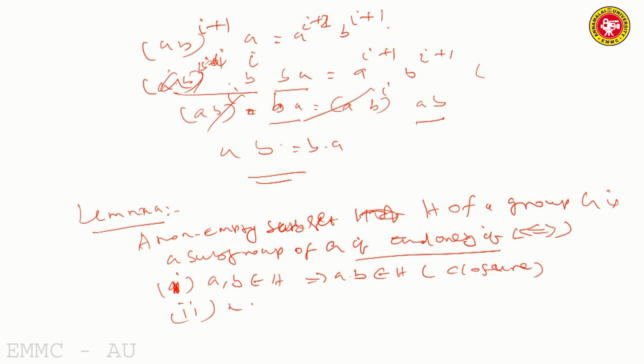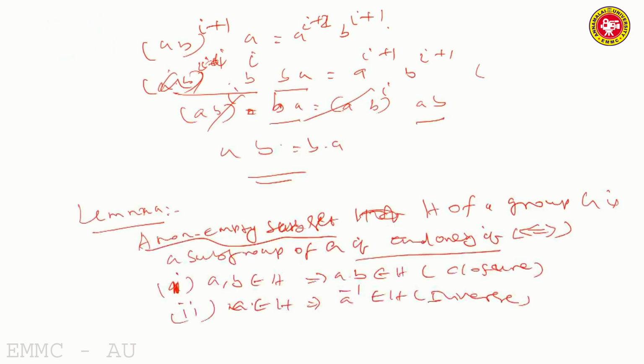Second, if a in H, then a inverse is in H. This is the inverse property. A non-empty subset H of a group is called a subgroup of G if both of these properties are satisfied. Now we prove this one.